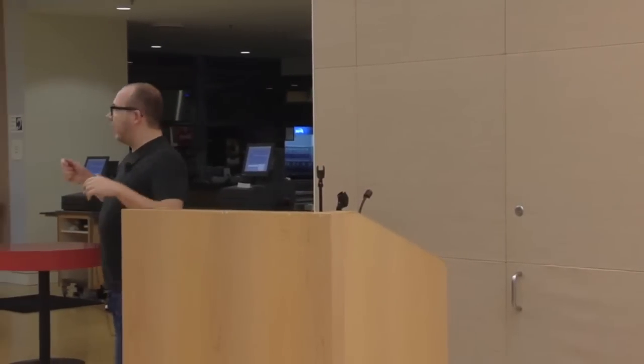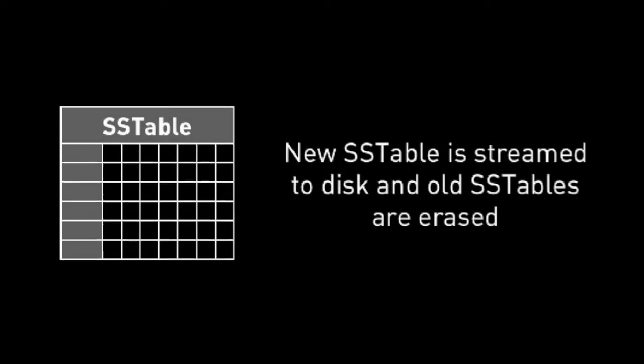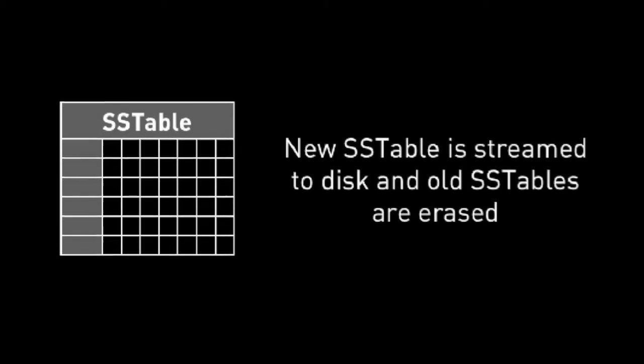Then, as was talked about before, we have to do this compaction process to maintain read performance. Instead of having to go through all of these different tables, we can check just one, and we merge these together into a larger one. So we take 4 tables, do some conflict resolution, and get better performance by merging them together.